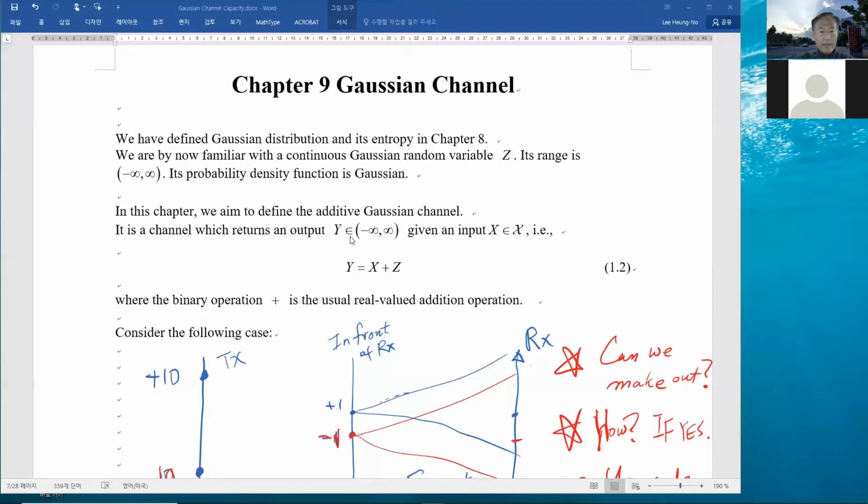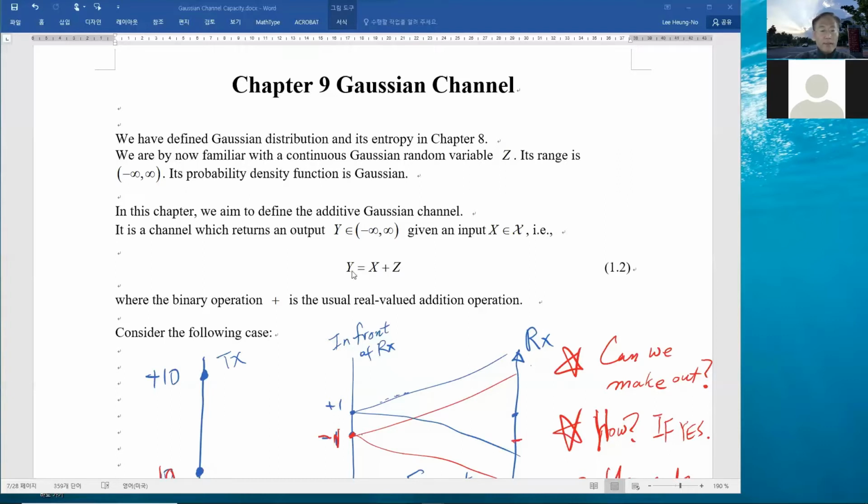Okay, its range is like this, and X is the input random variable, so input to the channel, and Z is the additive noise added to the input X. And so this is a single channel use. So one symbol sent, one noise symbol added to it, and you receive it.